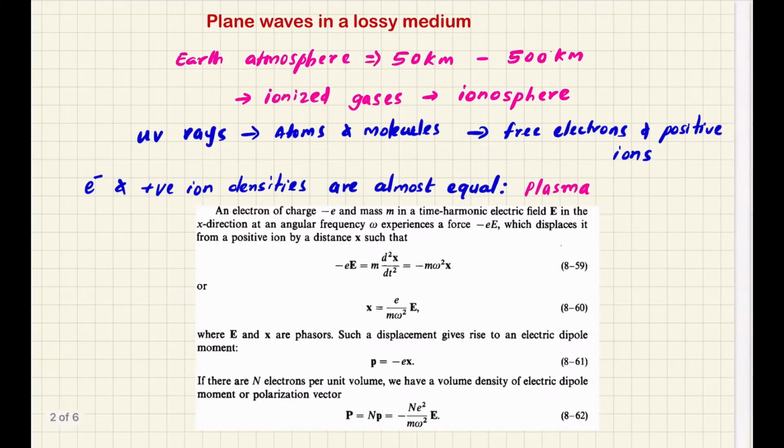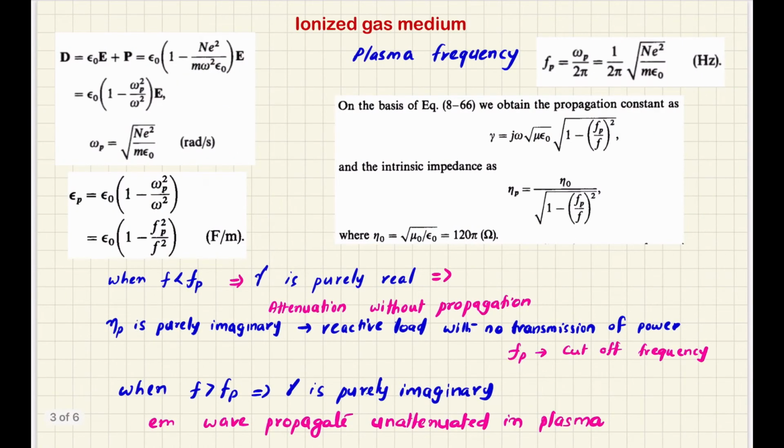Okay, now when you have polarization, you can define the electric displacement as epsilon 0 E plus P. All these quantities will be written in the phasor notation, so I will not be repeating it again and again. So please be careful with the notations. Okay.